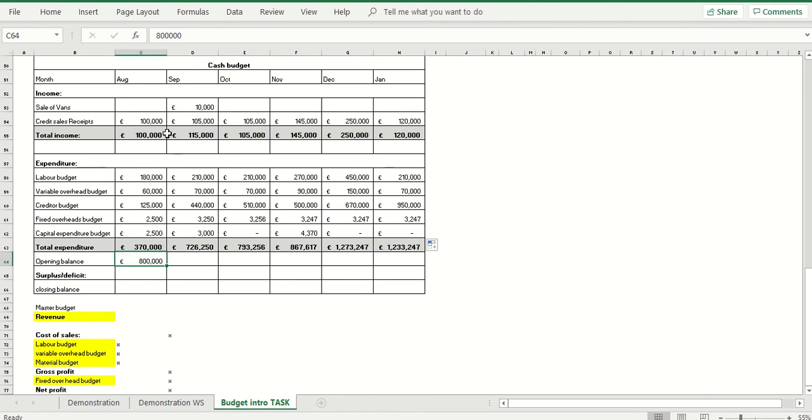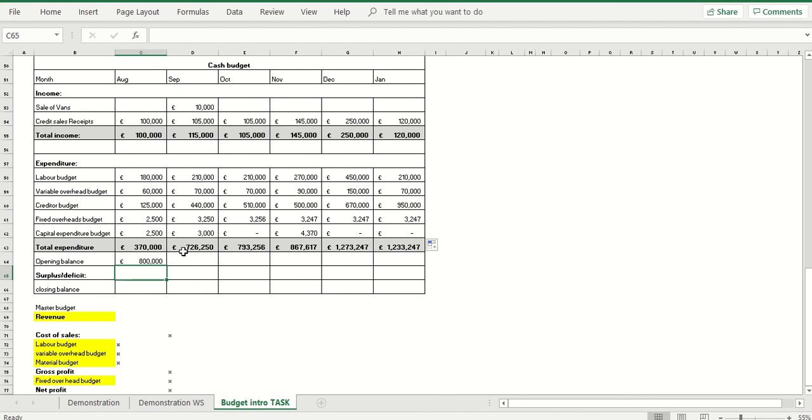Well, we have had £100,000 being paid into our bank account. We also had to pay out £370,000. And that is effectively our surplus and deficit. So our surplus, money left over, or deficit, money we haven't got, too little.